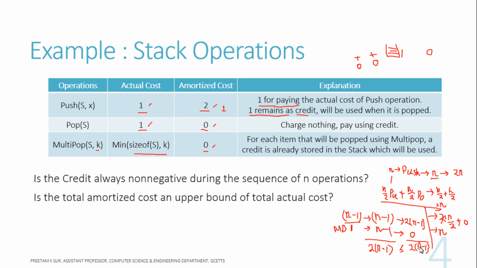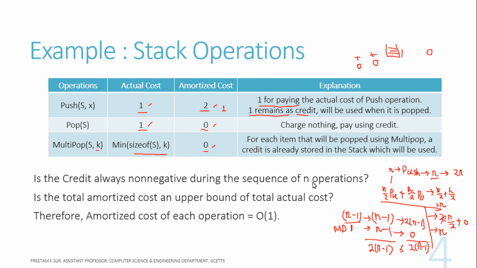In all the cases, take any combination of push and pop operations, and you will find that the total amortized cost is always giving you an upper bound on the total actual cost. Therefore the costs we assigned as amortized costs for these operations are valid.